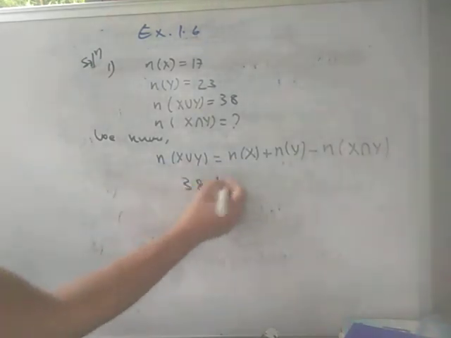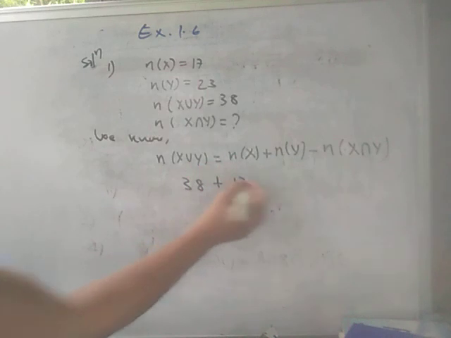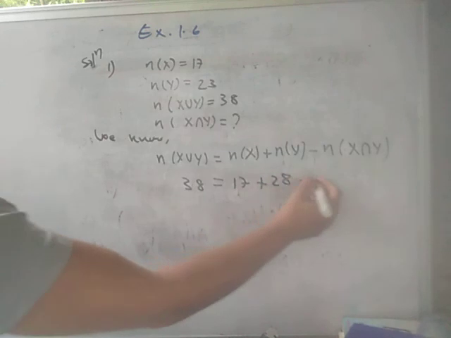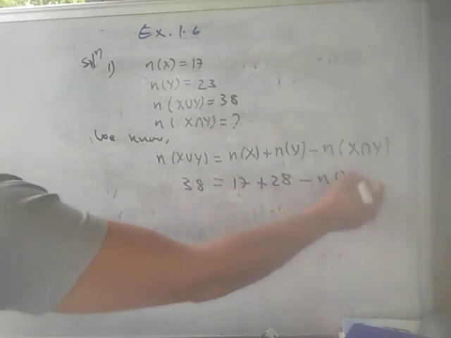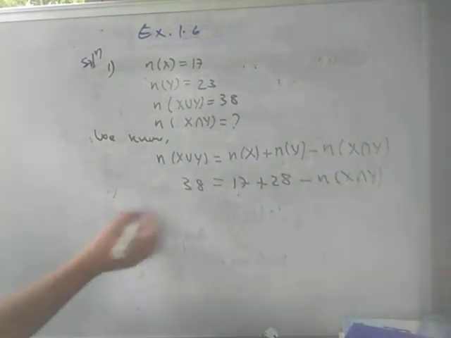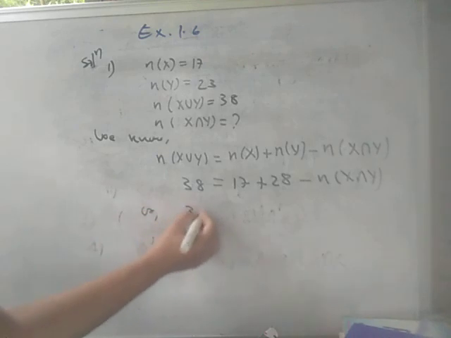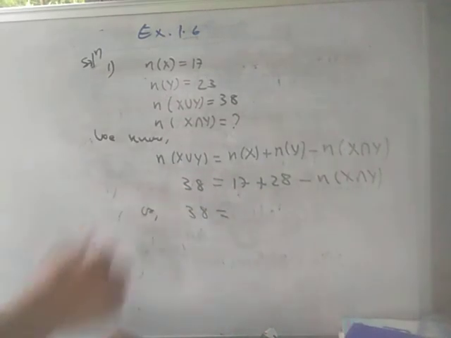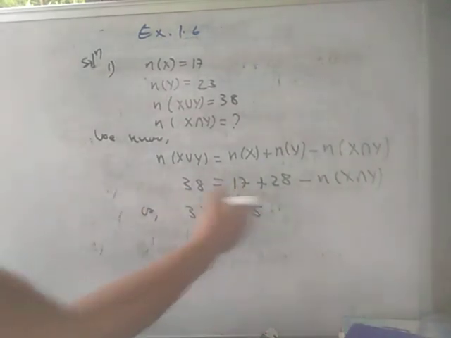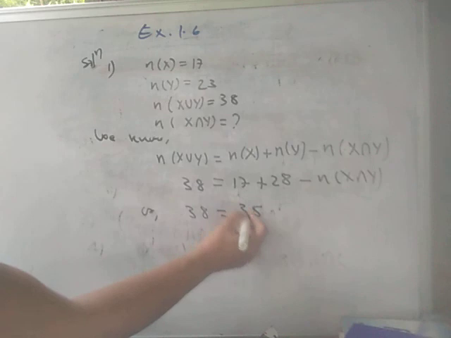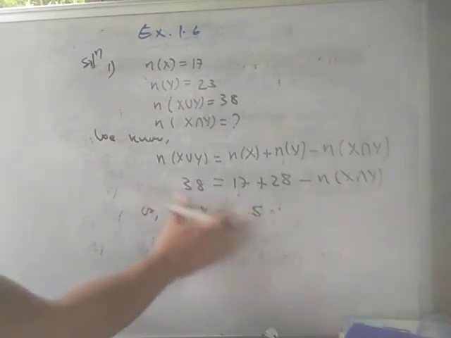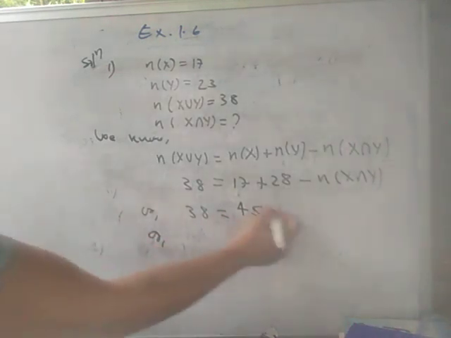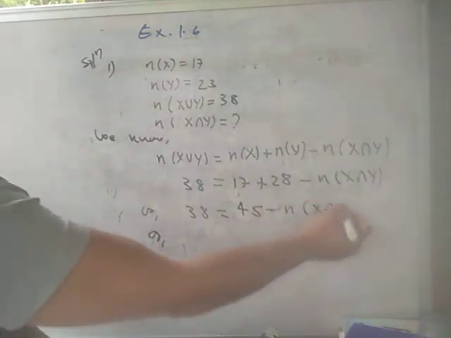So 38 equals to 17 plus 23 minus n(X intersection Y). Clear? So 38 as it is equals to this, how much? 17 plus 23 is 40, isn't it? So minus n(X intersection Y).